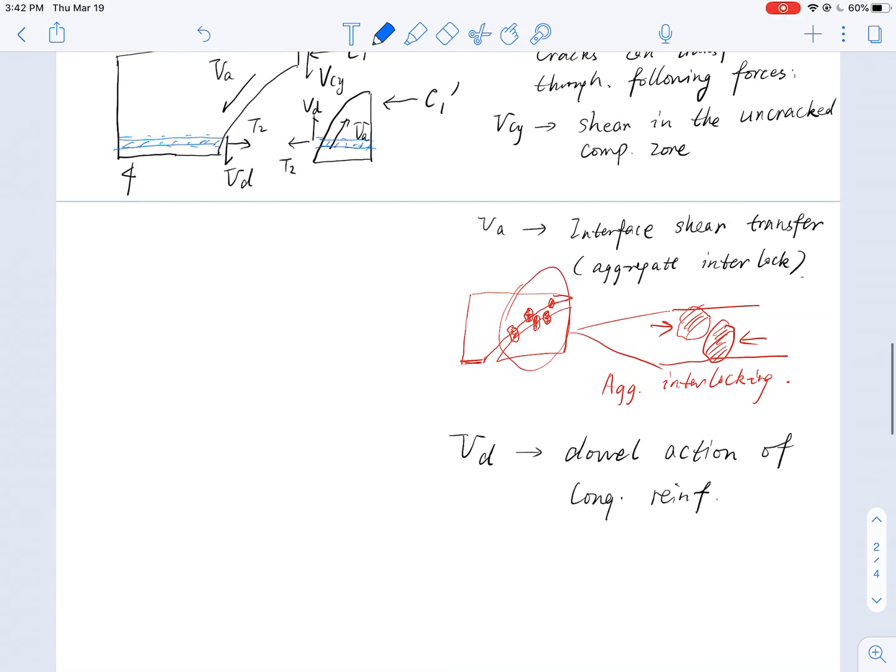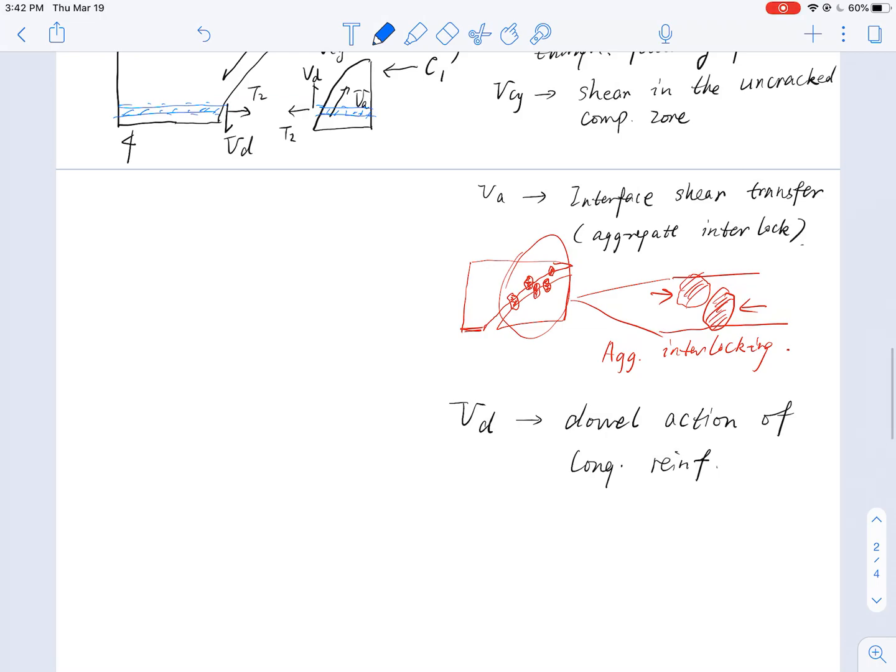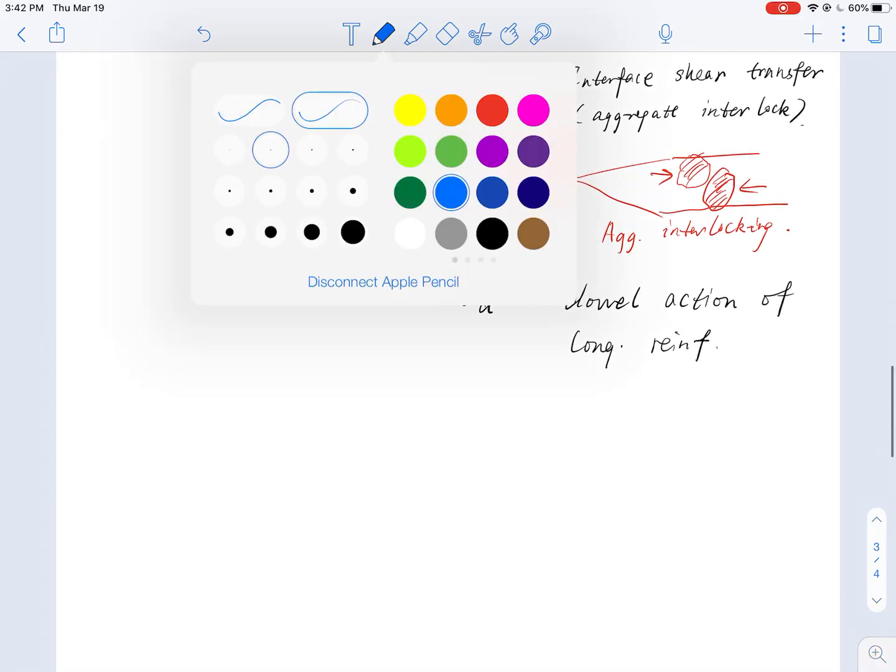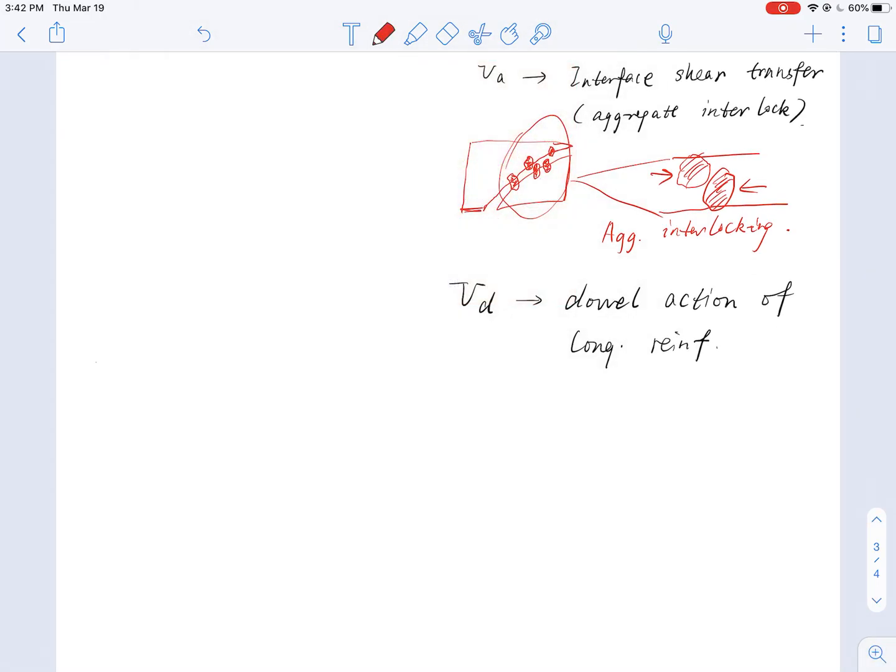So now I'll call my total shear transferred in terms of VA, aggregate interaction, VCY, concrete, and dowel reaction, VD.